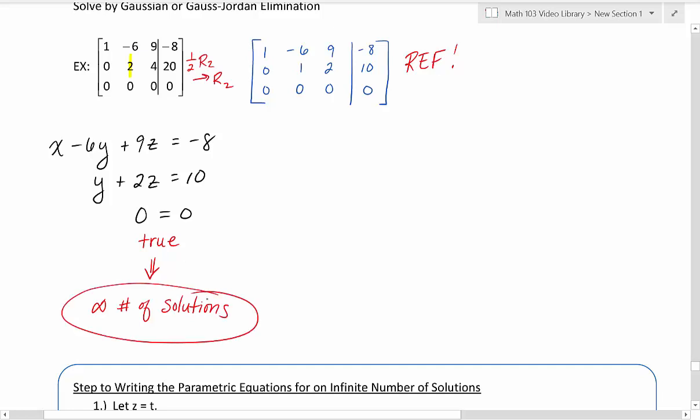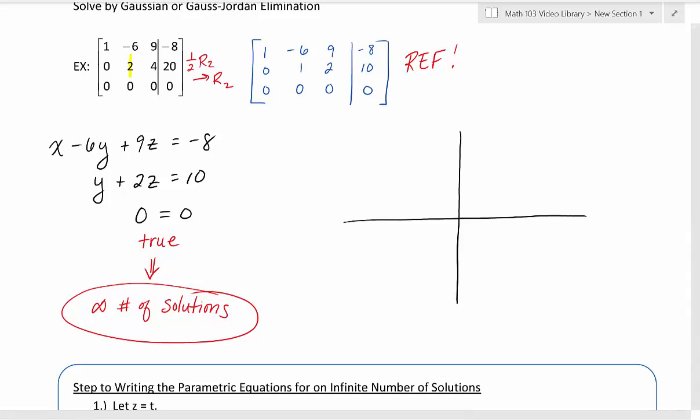So it is true that there is an infinite number of solutions, but we can be more specific about that infinite number of solutions. Just so that we can draw a picture and have a better understanding about what we're going to do next, I'm going to switch my thought process to a system of equations involving just 2 equations and 2 variables. Let's think about what the graphical interpretation of an infinite number of solutions is in 2 dimensions.